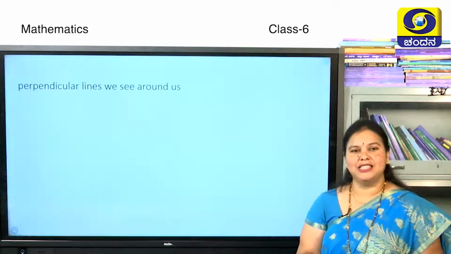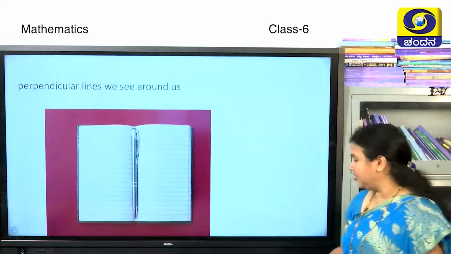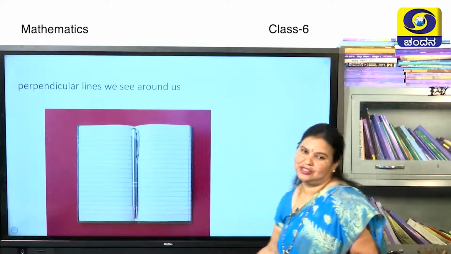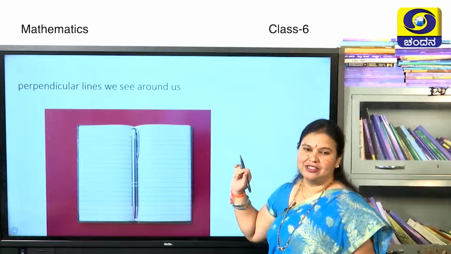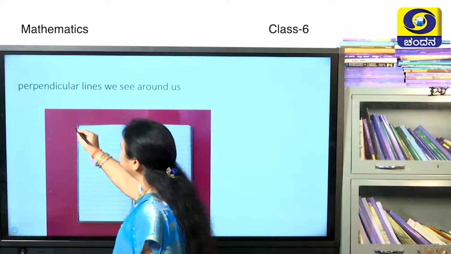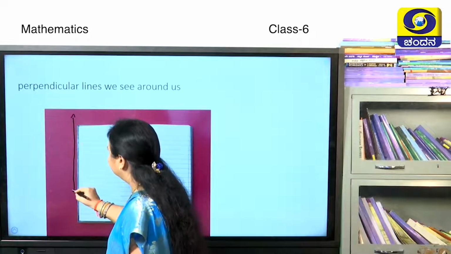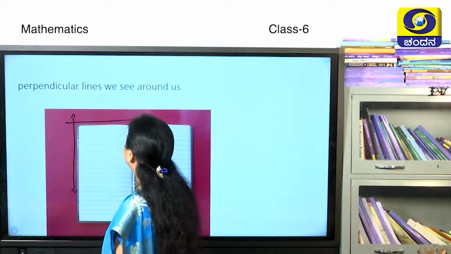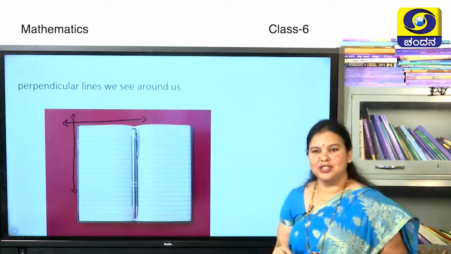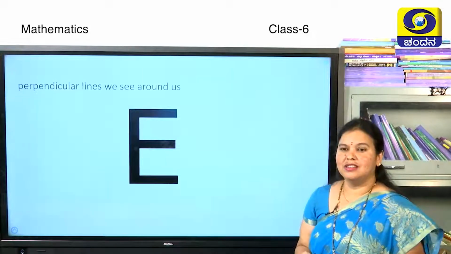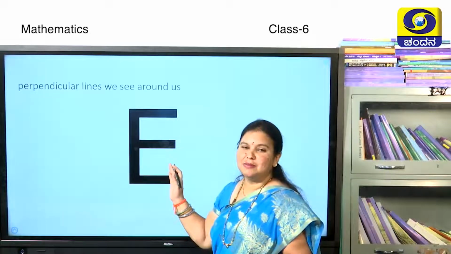Let's see some examples of perpendicular lines we see around us. First one is a book. So we can find perpendicular lines in this picture. We can draw perpendicular lines like this. Understood, children? We'll see the next one. See, this is the alphabet E. Here also we can find some perpendicular lines.